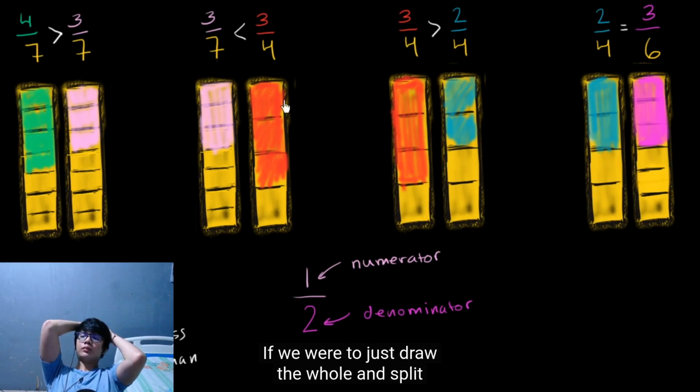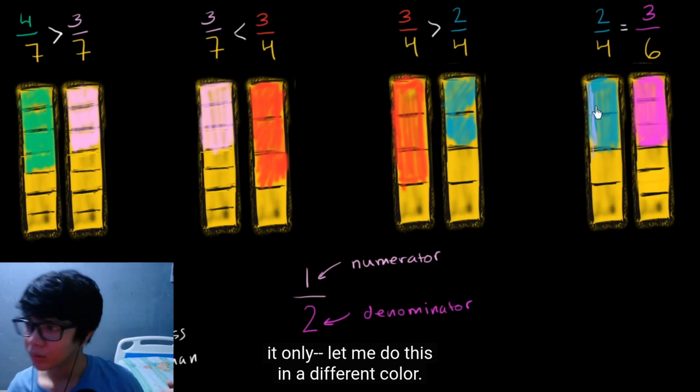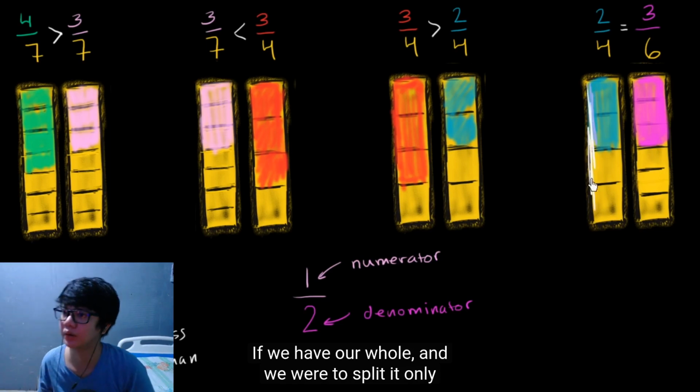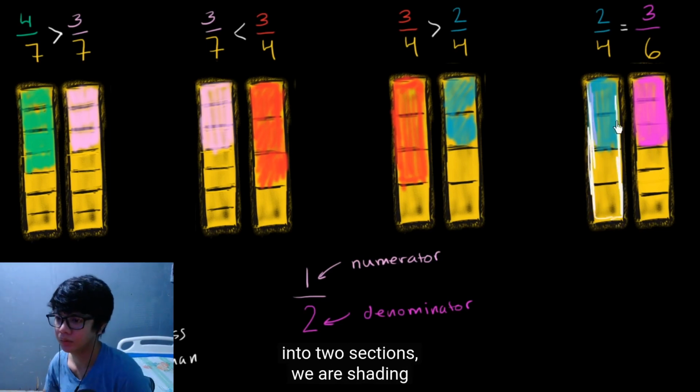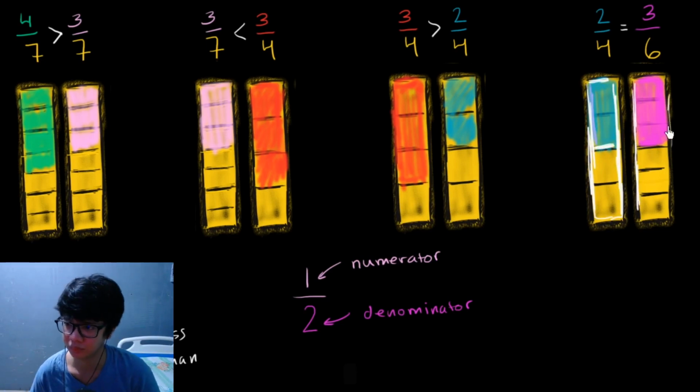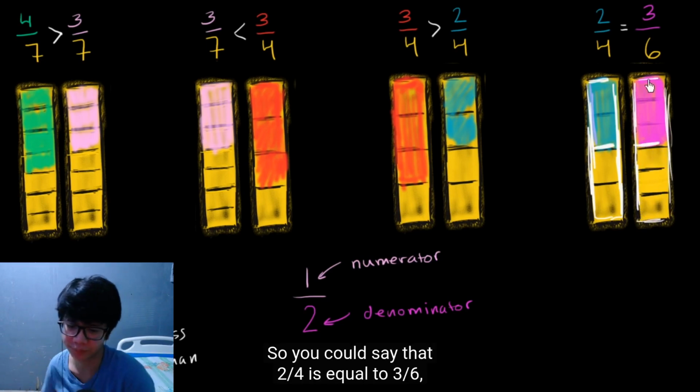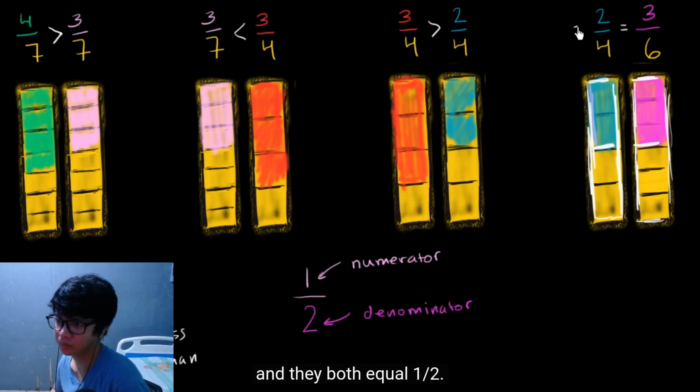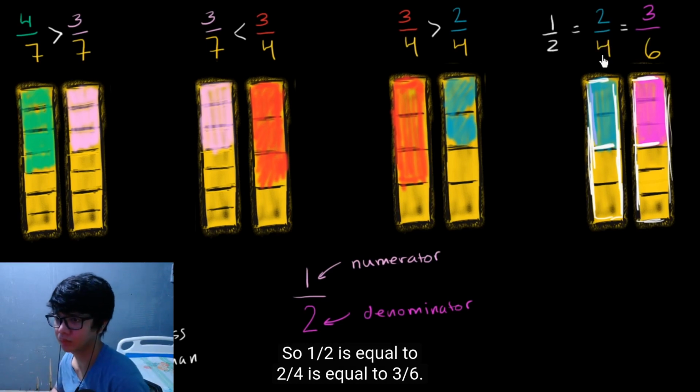If we have our whole, and we were to split it only into 2 sections, we are shading in exactly 1 out of the 2 sections. That's the same as 1/2. So you could say that 2/4 is equal to 3/6, and they both equal 1/2. So 1/2 is equal to 2/4 is equal to 3/6.